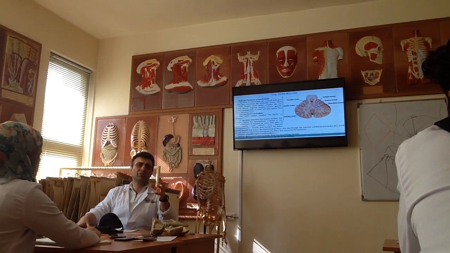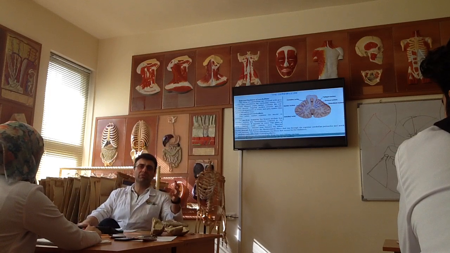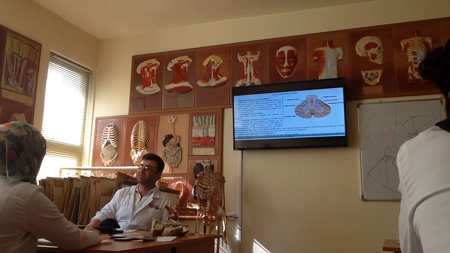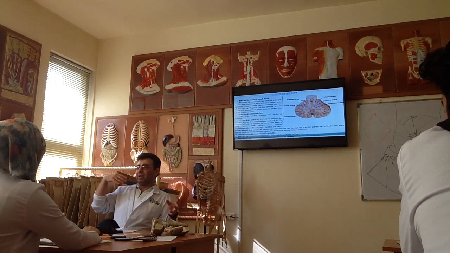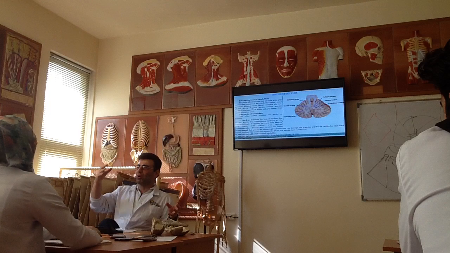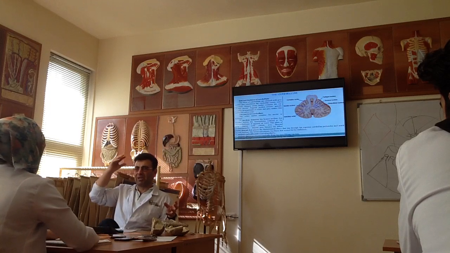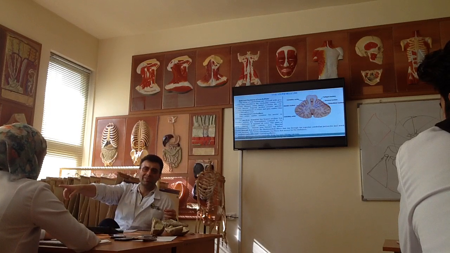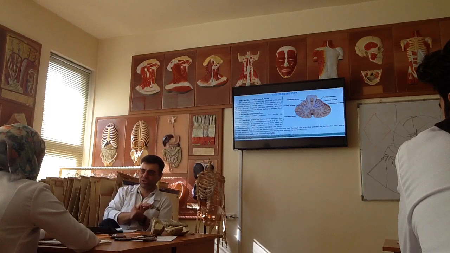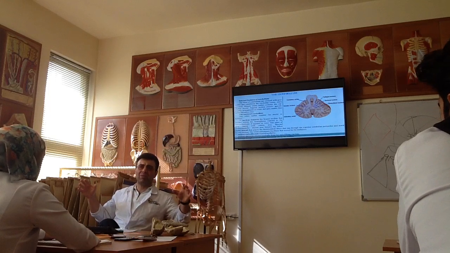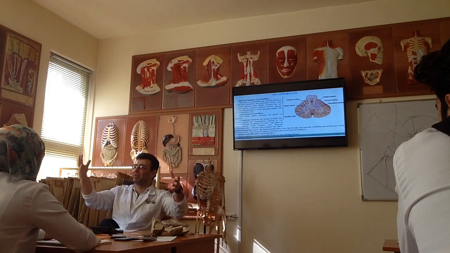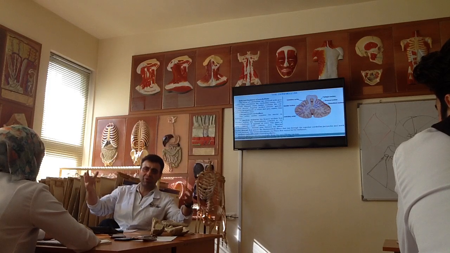And we will come to the question which I gave you several lessons before. If you remember, I said that the gray and white matter of the hemispheres and of the cerebellum differ from each other. In the hemispheres, superficially we have the cortex, which is the gray matter.